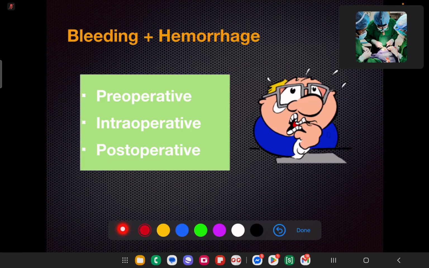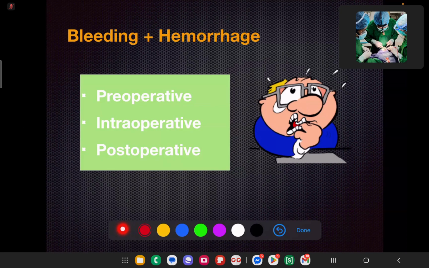Now, if you think that a certain medication would be an issue regarding healing, then basically what we do, we try to postpone the surgery itself. And there's also what you call intraoperative concerns. When you say intraoperative, it's actually based on the chairman of the concern.